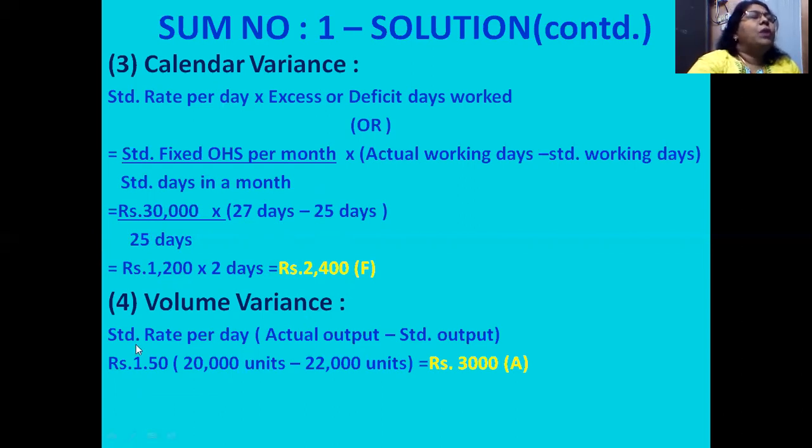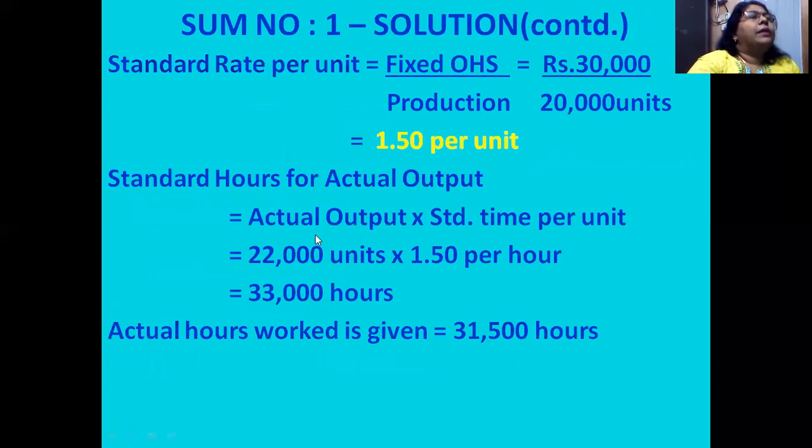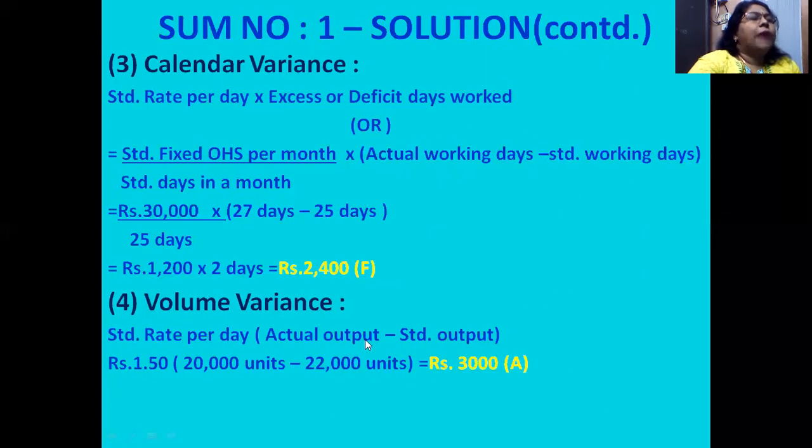Next, we'll move on to the volume variance. Volume variance is very easy. The formula is standard rate per day. What is the standard rate per day? We already calculated it as 1.50 per unit. So 1.50 into actual output, which we know by referring to the question is 20,000 units, minus standard output of 22,000 units.